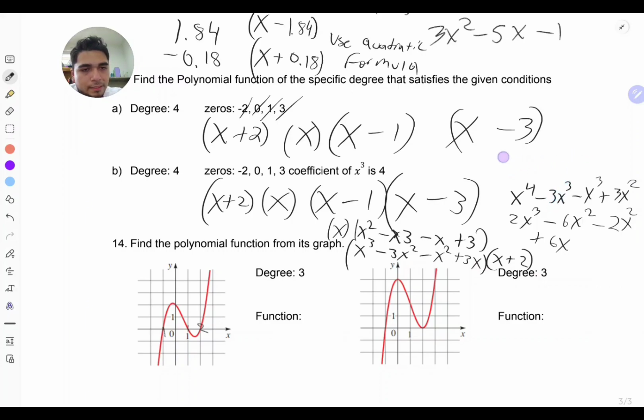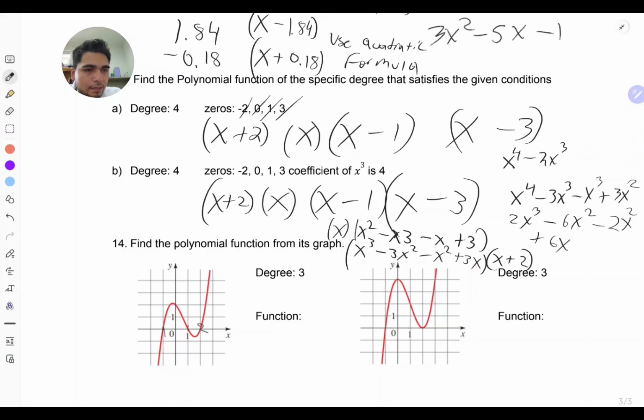So this is just x to the fourth. Negative 3x cubed, let me just do this really quickly. Negative 3x cubed minus 1 gives you negative 4x cubed, plus 2, negative 2. So minus 2x cubed, okay?